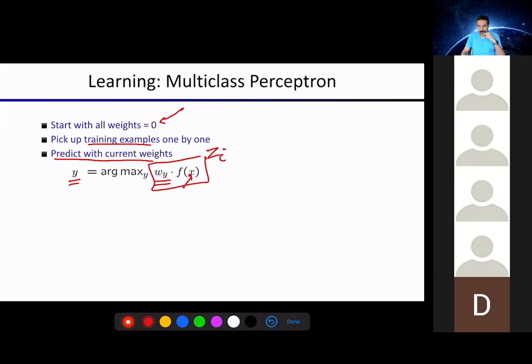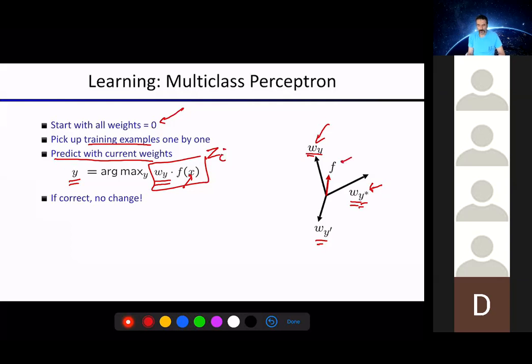You can think about these as W_y, this is W_y prime, and this is W_y star. Basically, y star is the correct label for this particular example, right? So if the decision is correct, fine, but obviously here the decision is not correct, right?